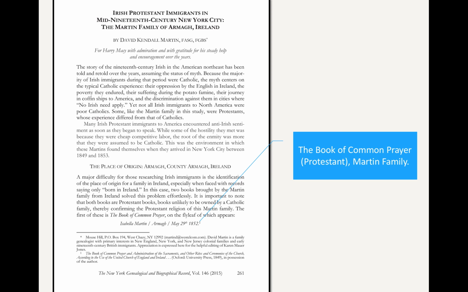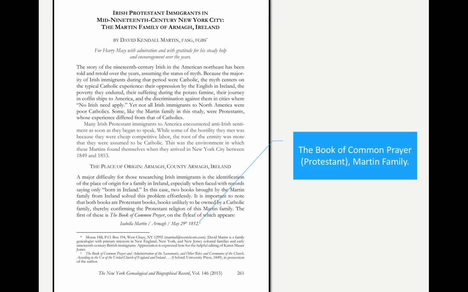And it's a relatively recent article, but it is available through PERSI. In this, he actually tells us that the place of origin for this particular family was relatively easy to find because it was printed in the family's Book of Common Prayer, which is, of course, a Protestant text versus a Catholic text. So he actually discusses how this book would not necessarily be commonly found in Catholic families.